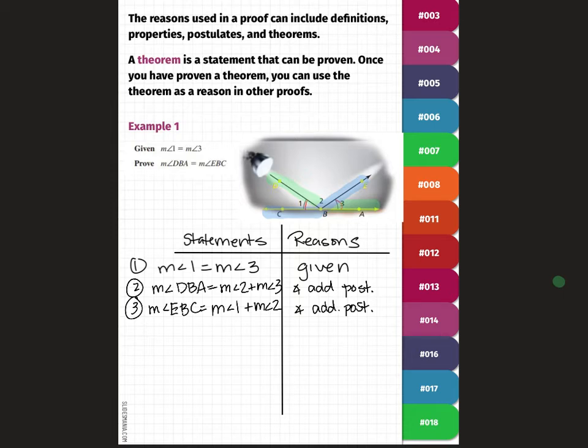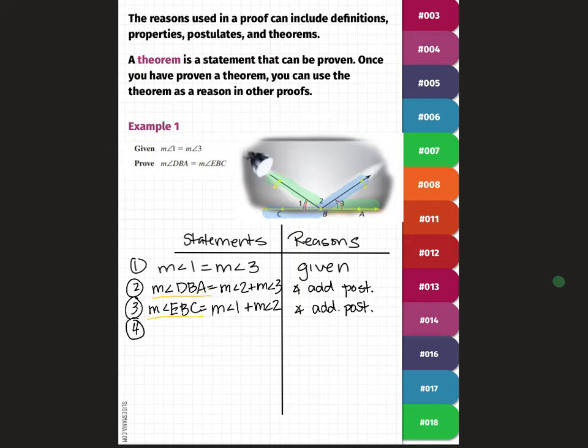So now I've introduced the two angles that I need to prove because I introduced them here and here, so they're in my proof now. But I know that the measure of angle 1 is equal to the measure of angle 3.